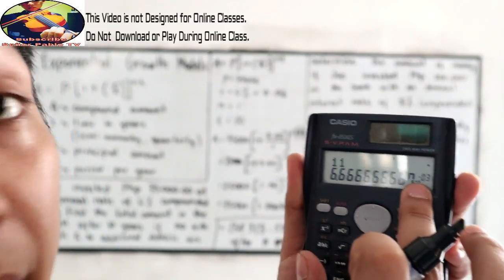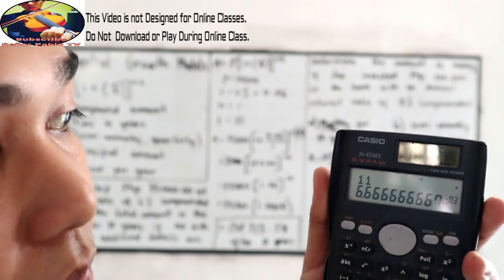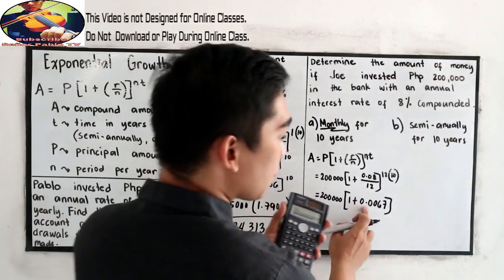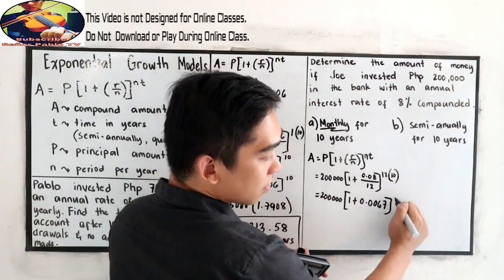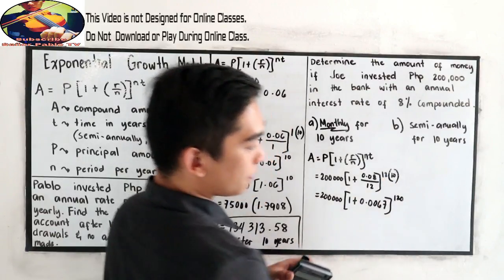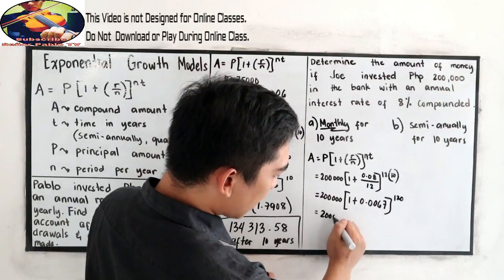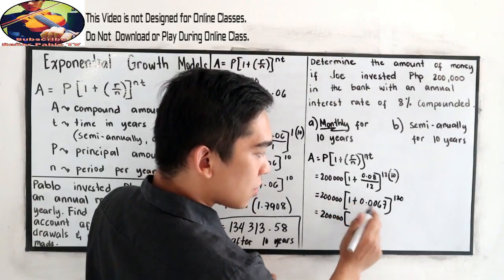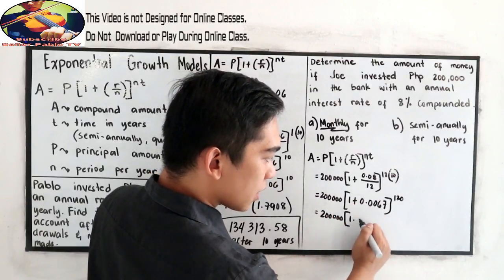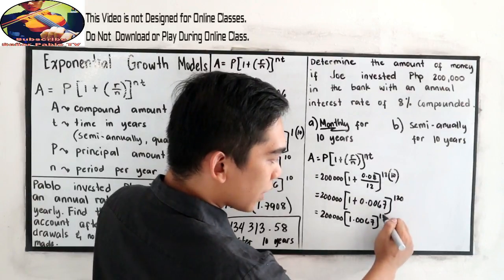So this is raised to -3. So we need to move 3 places to the left. Then 12 times 10, that is 120. Now we have 200,000 times 1 plus 0.0067. This is 1.0067 raised to 120.